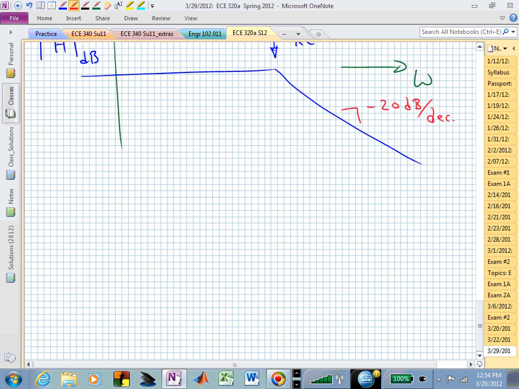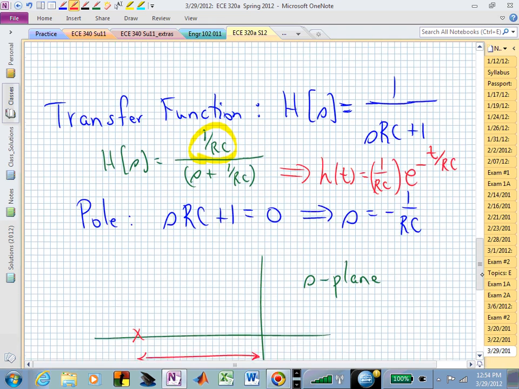Now, let me make a break and say here is a first-order low-pass filter, and you can make the bandwidth of the low-pass filter whatever you want depending on your choice of R and C. Oh, I wanted to make one more point before I moved on.